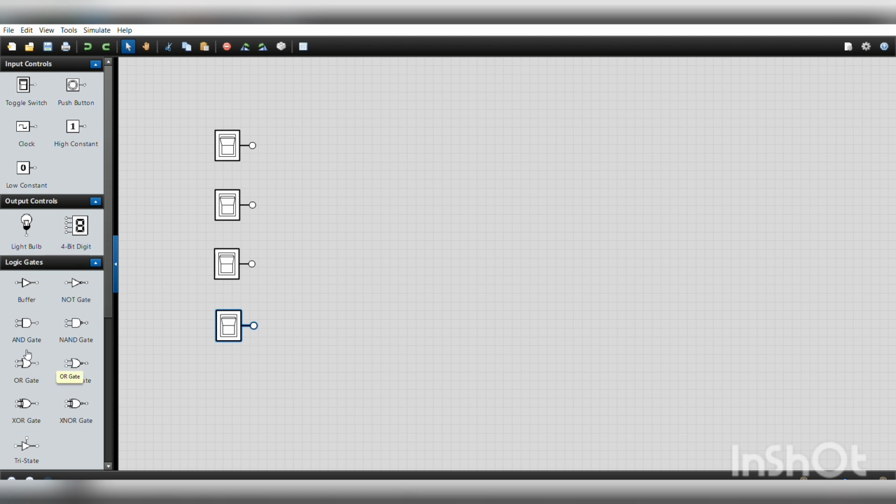So I'm going to bring 2 OR gates. Here it is a 2 input OR gate and I'm going to give 2 outputs. So for that I'm giving 2 light bulbs.